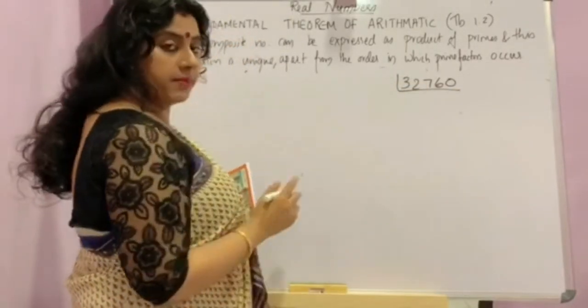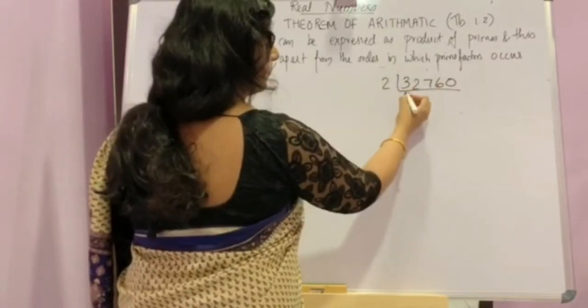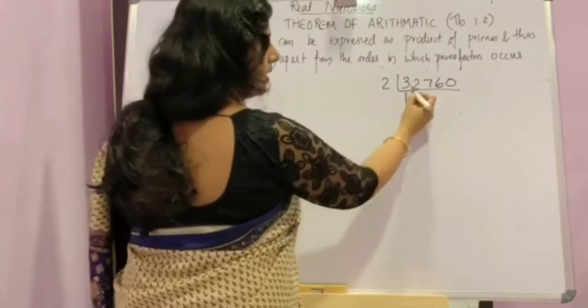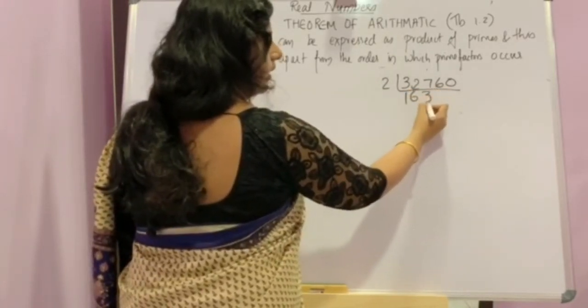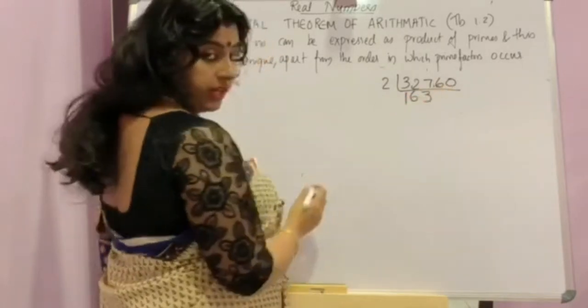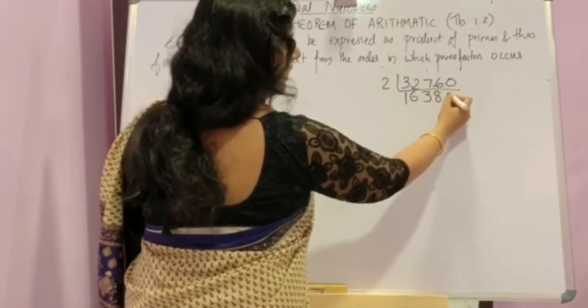The smallest prime is 2. Yes, it is divisible by 2. So 2 ones are 2. Balance is 1, this becomes 12. 6 twos are 12. Now in 7, 3 twos are 6, balance 1. This becomes 16. 8 twos are 16. Now carry down the 0.